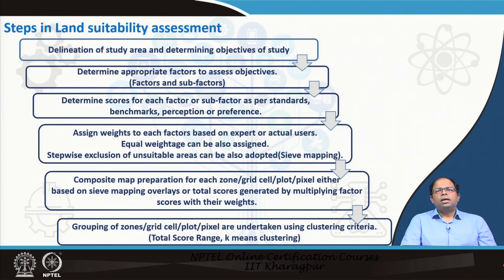We can create these different ranges, and we can say that range 0 to 1 is the least suitable, and maybe 3 to 4 is the highest suitable. In that way we can assign them. But again, saying that 0 to 1 is less suitable, why not 1.1? So these boundary conditions that have to be set are very important.